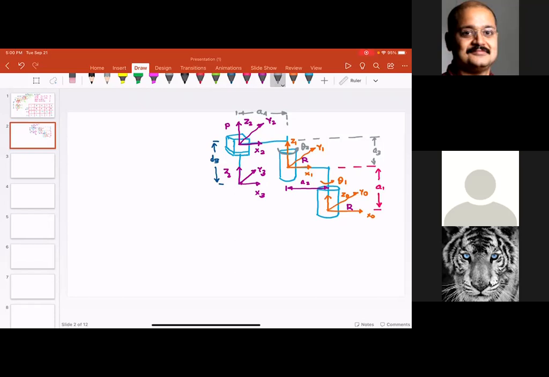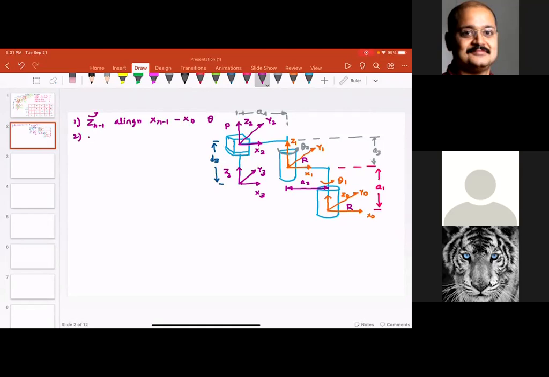Okay, do you want me to write the rules? Don't look so discouraged. DH parameter is not bad. Rotation about Zn minus 1 to align Xn minus 1 to Xn is going to give you theta.